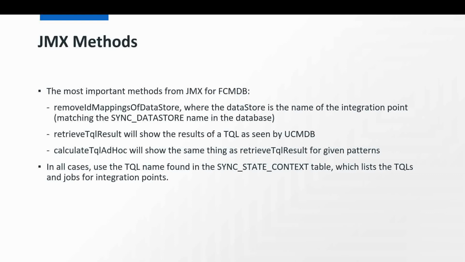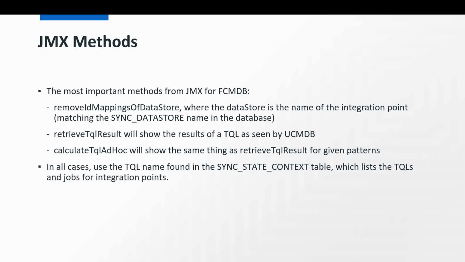So if the TQL is modified, we need to remove this. If we modified the integration point significantly, added additional queries, or it had been disabled and re-enabled at some later point in time, it's always a good idea to remove the ID mappings of the data store.